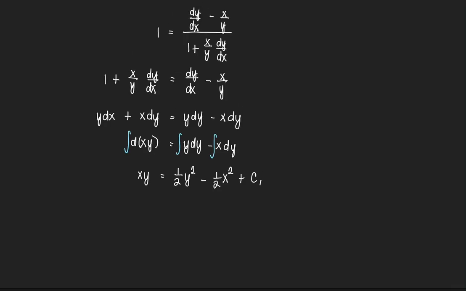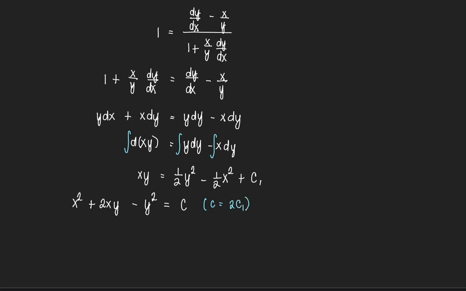And so if we transfer this to the other side, and this one to the right side, and then multiply both sides of the equation by 2, we get x squared plus 2xy minus y squared equals c, wherein our c here is equal to twice c sub 1.